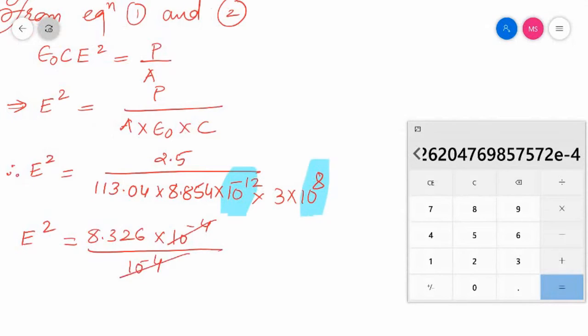So this term will get cancelled. So therefore E square will be equal to 8.326.